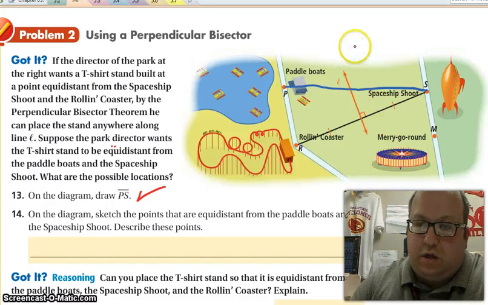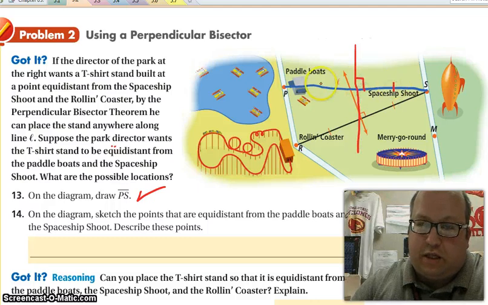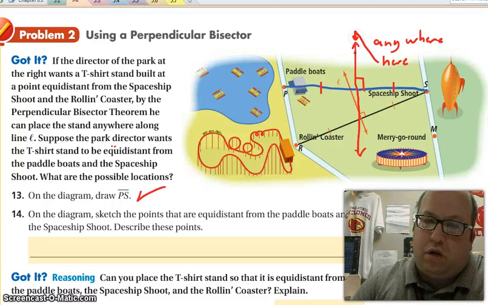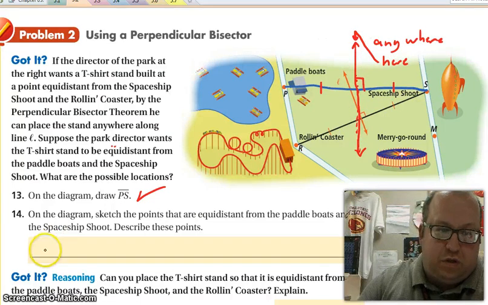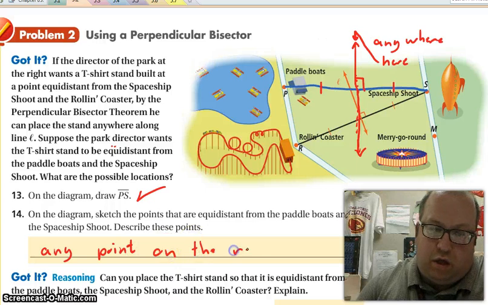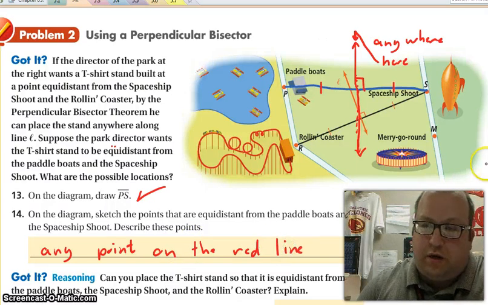Well, anywhere along the perpendicular bisector, if I place that line such that these two are equal, so that it's in the middle of P and S, and it's perpendicular, anywhere right here down the whole length of this line would be equidistant between the paddle boats and the spaceship chute. So any point on the red line.